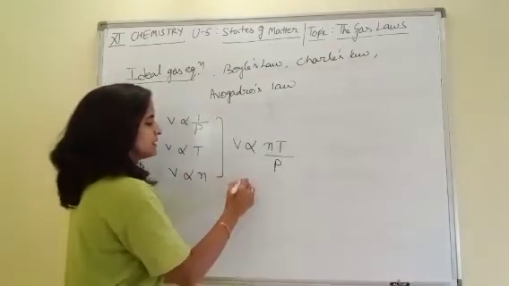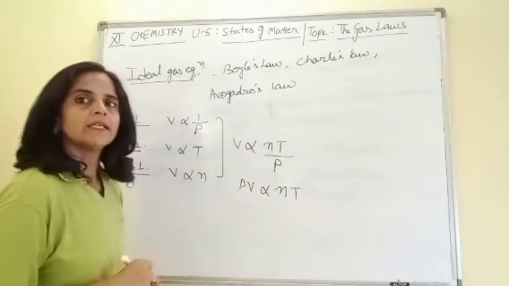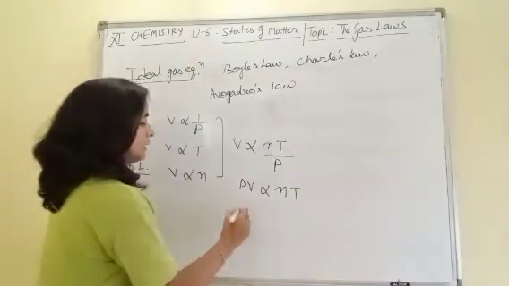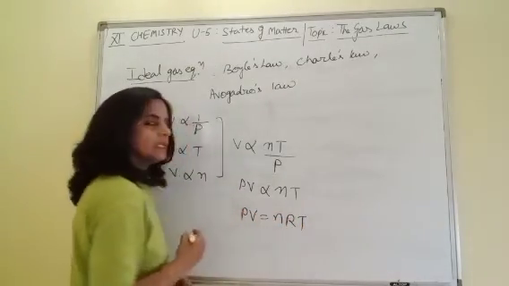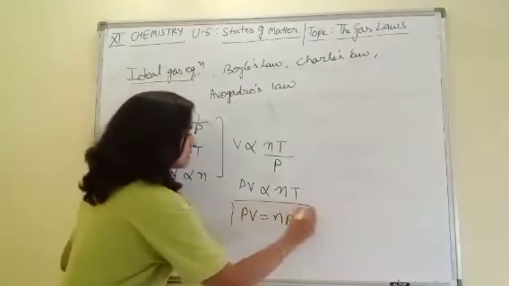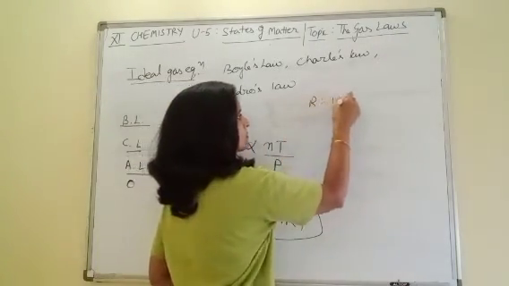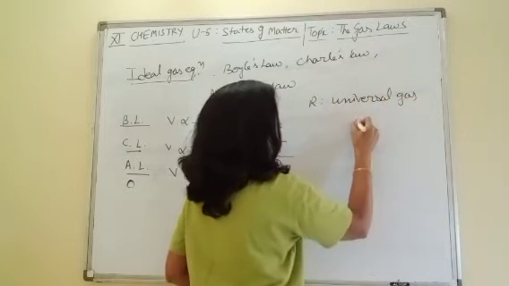Or I can say PV is directly proportional to nT. If I remove the sign of proportionality, I would have a constant R. PV equals nRT. This R is the universal gas constant.